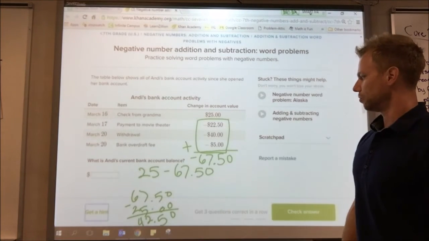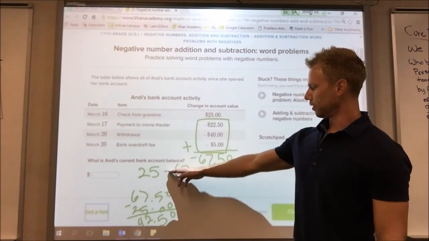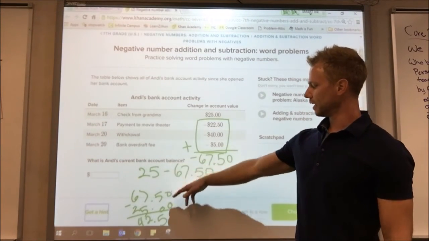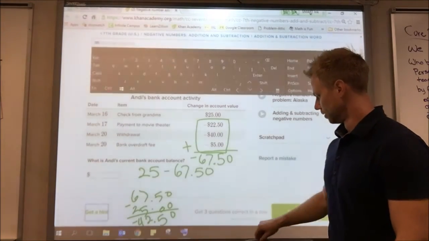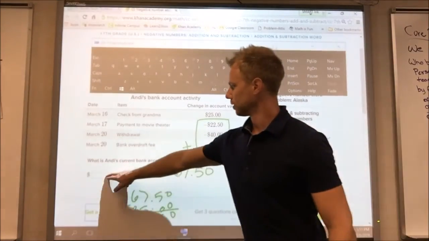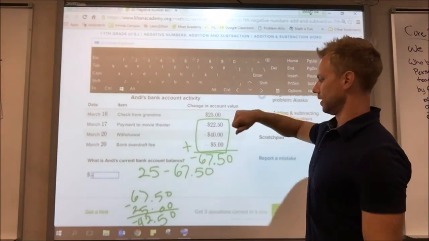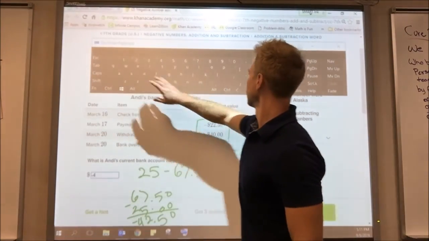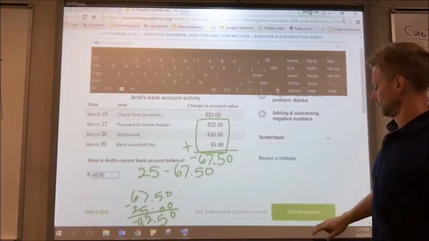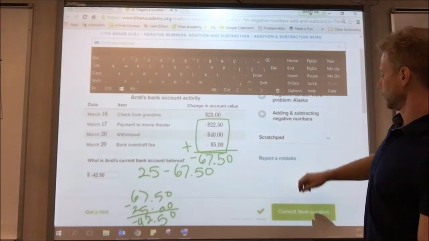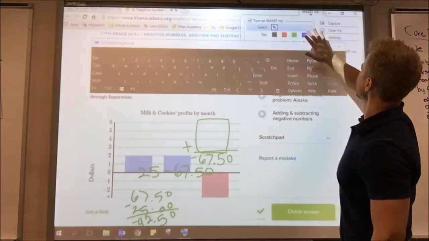We get 42.50. The sign of the bigger number is negative, so it's going to be a negative 42.50. So her bank account is in the hole, as they say. It's negative. Plug that in, see if we're right. And we are. Good. Let's try another one.